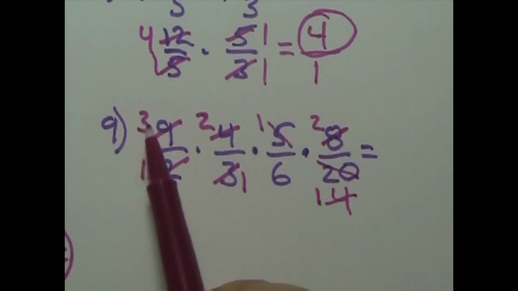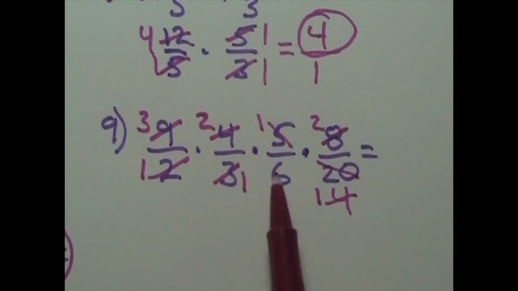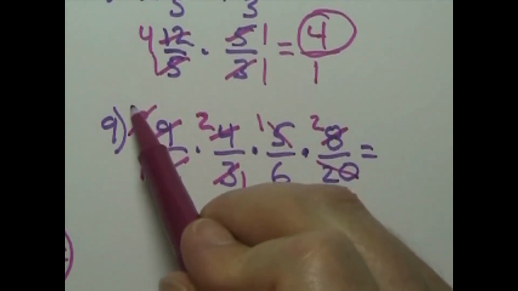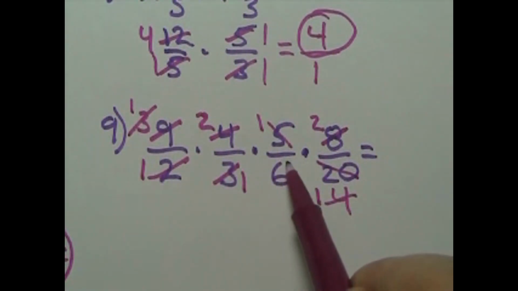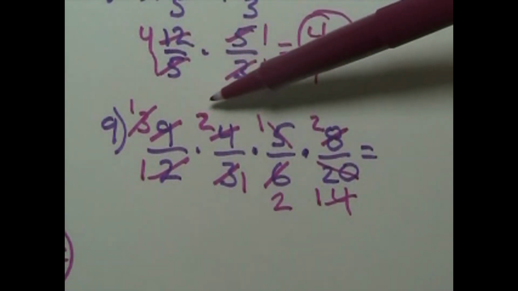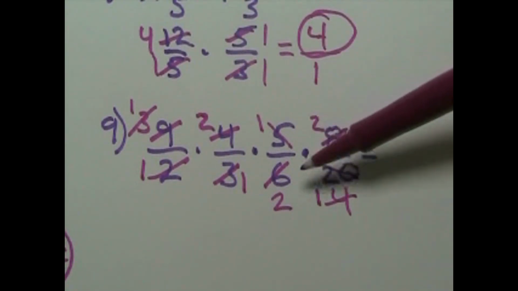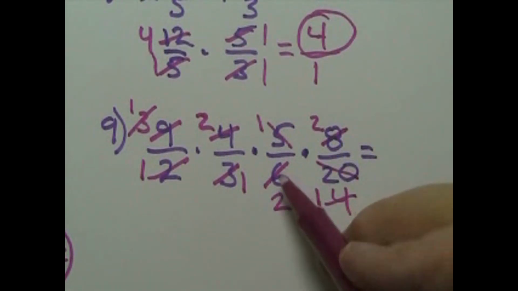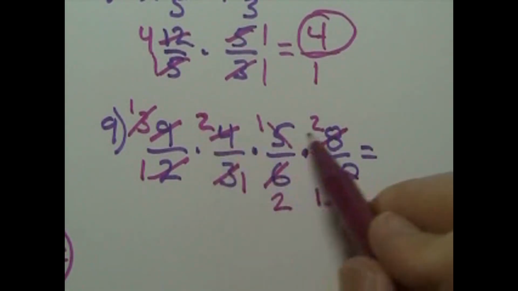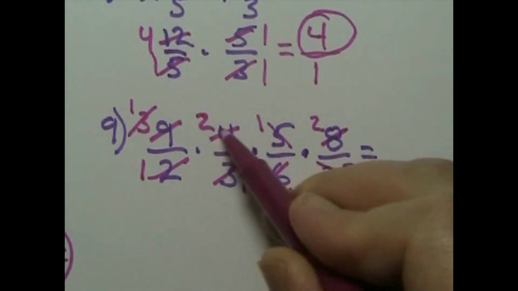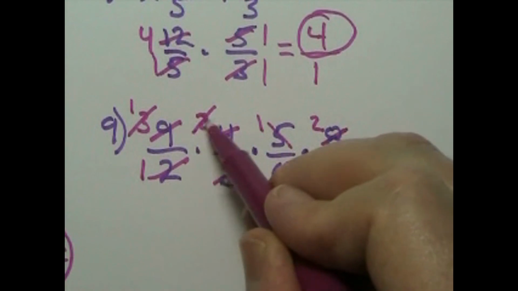Hey, look, I have 3 and 6. 3 goes into 3 once, and 3 goes into 6 twice. So what's left? I have a 2 on top, and a 2 on the bottom. So we can just reduce those, and it doesn't matter which 2 you go with. 2 goes in here once, and 2 goes in here once.